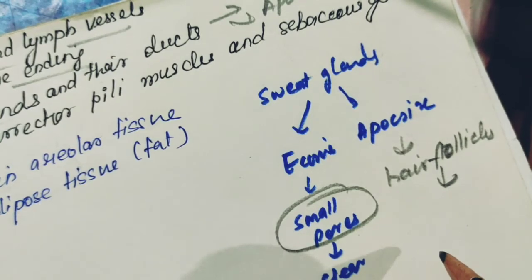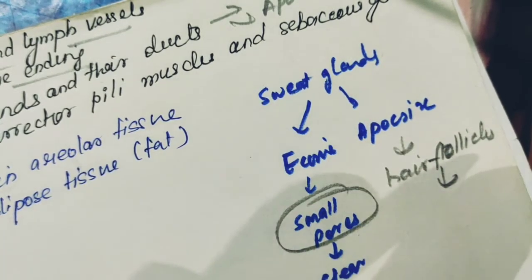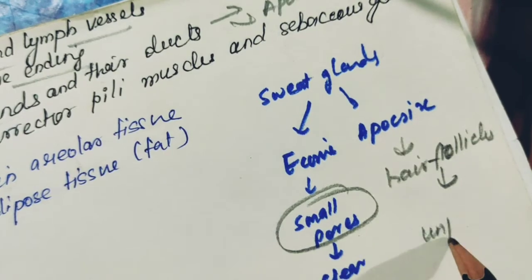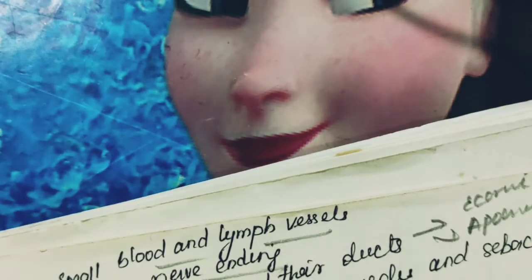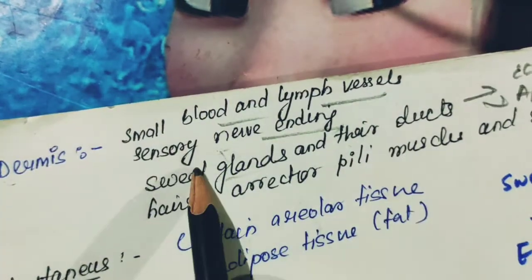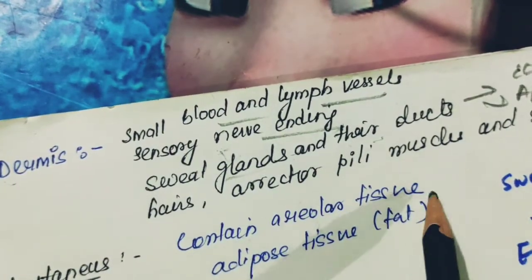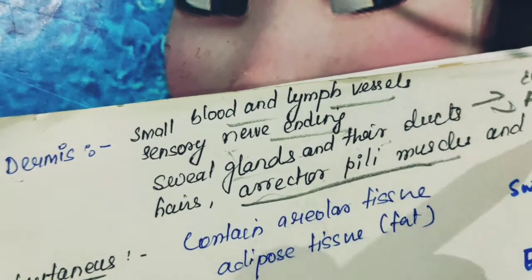The bacterial decomposition of their secretion causes an unpleasant odor. So in the dermis, you have small blood and lymph vessels, sensory nerve endings, sweat glands, erector pili muscles, and sebaceous glands.